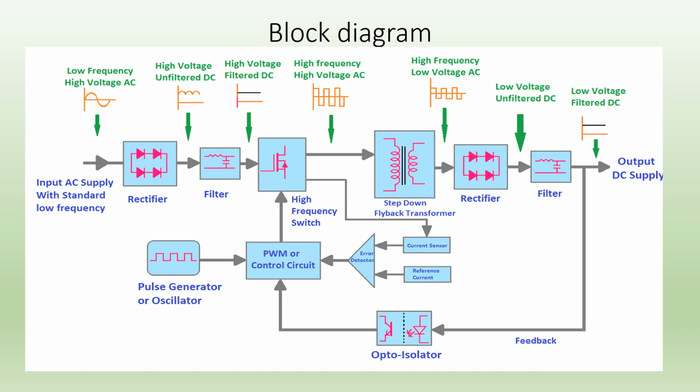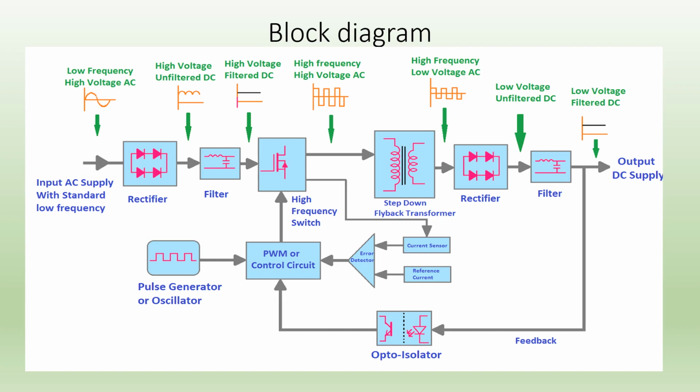So after the transformer, all blocks are the output stages. The output signal from the secondary transformer winding is again rectified and filtered to get the required DC voltage. Here you can see the output voltage signal is given to the primary.